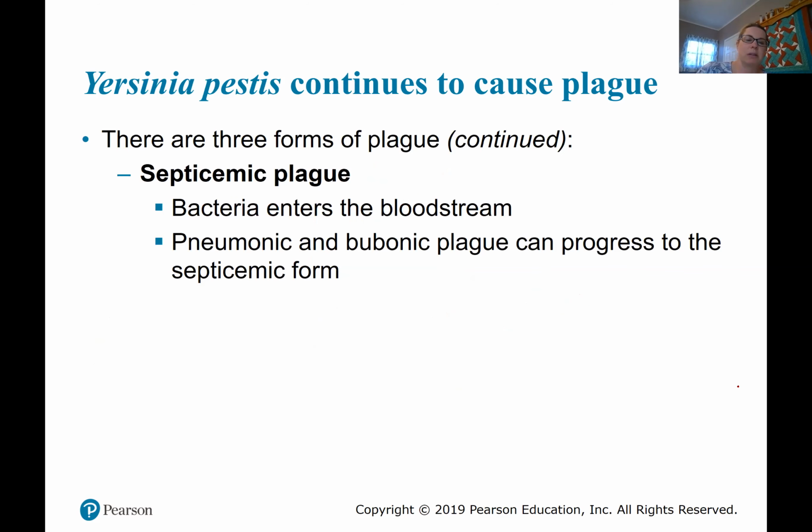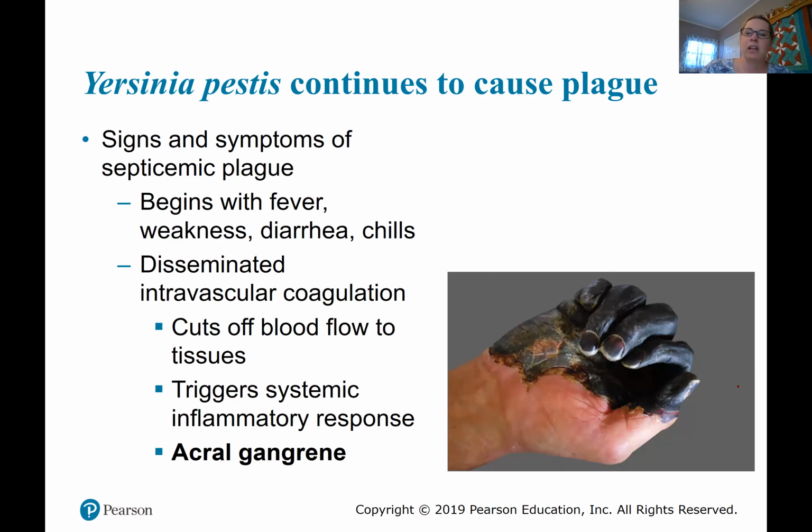Then septicemic plague is when the bacteria enters the bloodstream, and either one of the other two types can progress into septicemic plague. If you've ever wondered why they called it the Black Death, right there is your answer. It's called acral gangrene.